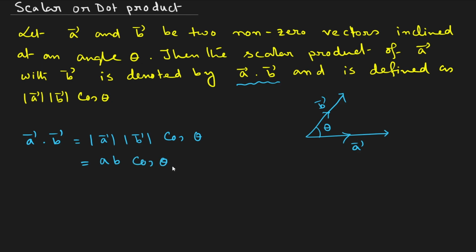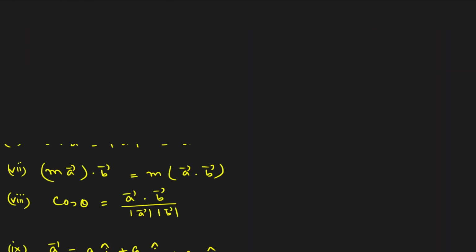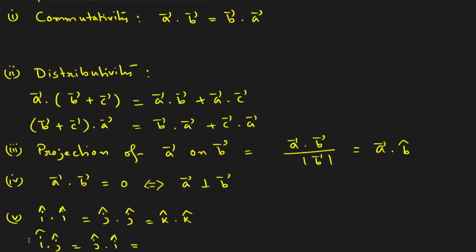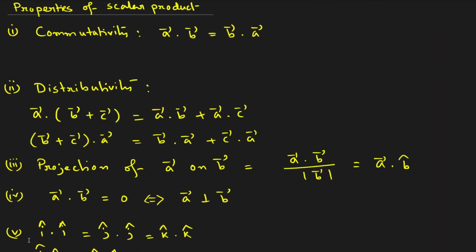Now see here, there is no direction-related thing. a, b, cos theta are all scalar quantities. So a bar dot b bar is a scalar quantity. Okay, so first we have the formula for a bar dot b bar, and then we learn that a bar dot b bar is nothing but a scalar quantity.